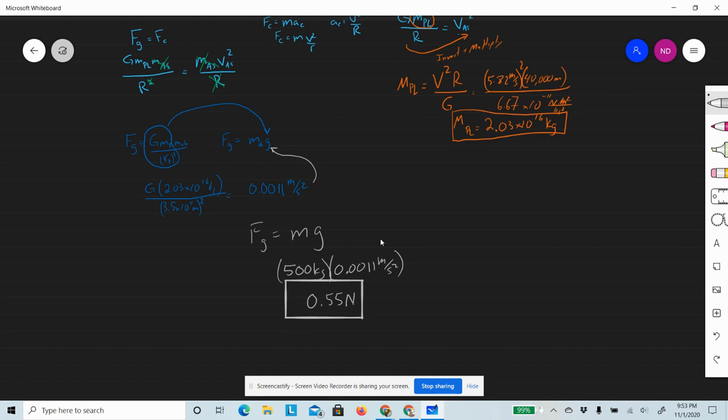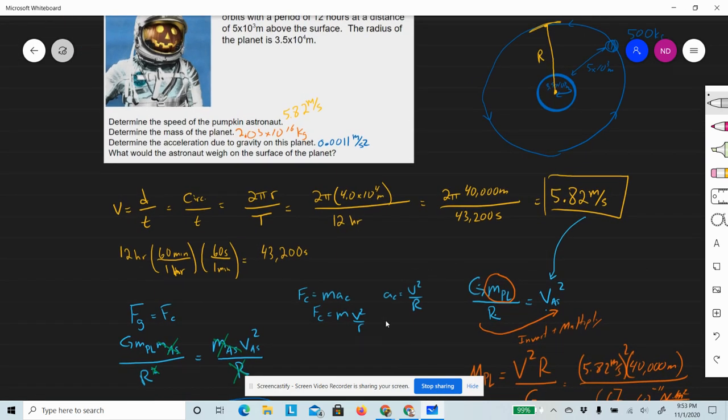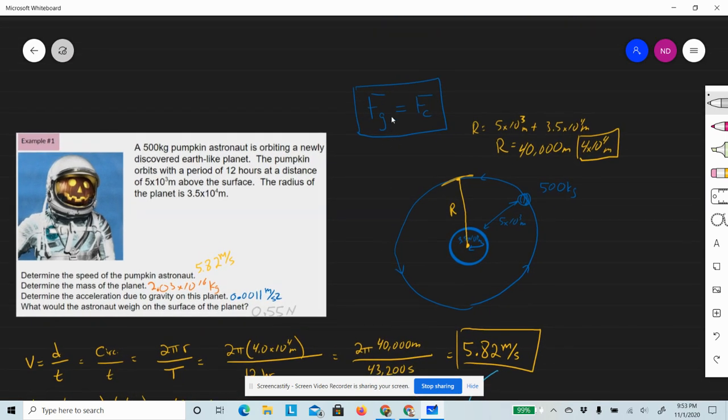That would be his weight. 0.55 newtons. All right, guys. The big thing is to equate the gravitational force as the centripetal force.